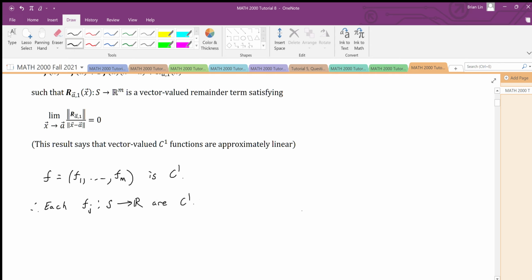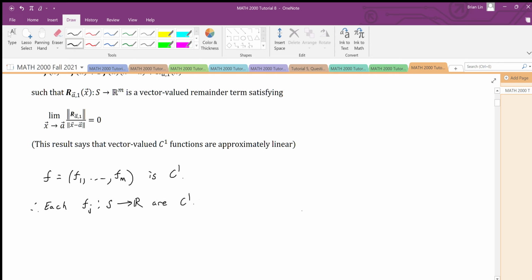And because each one of them is C1, we can apply Taylor's theorem. So we apply Taylor's theorem to each fj. And then by Taylor's theorem, we know that fj can be expressed like this.